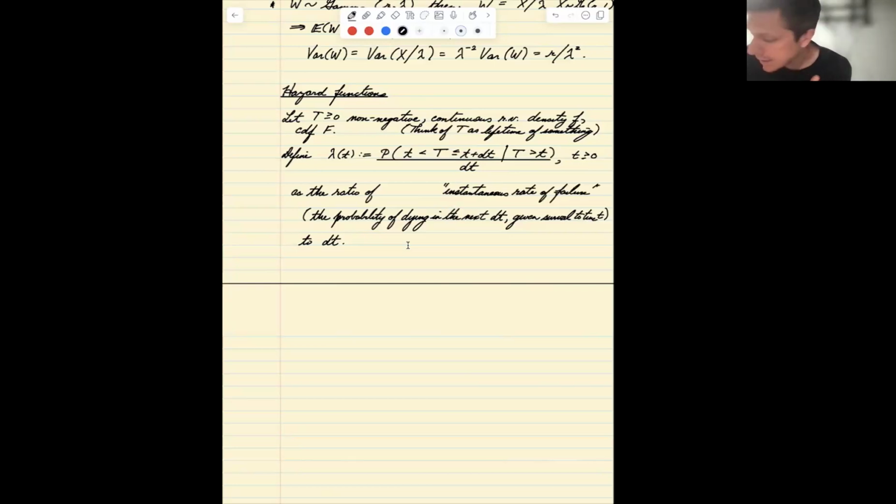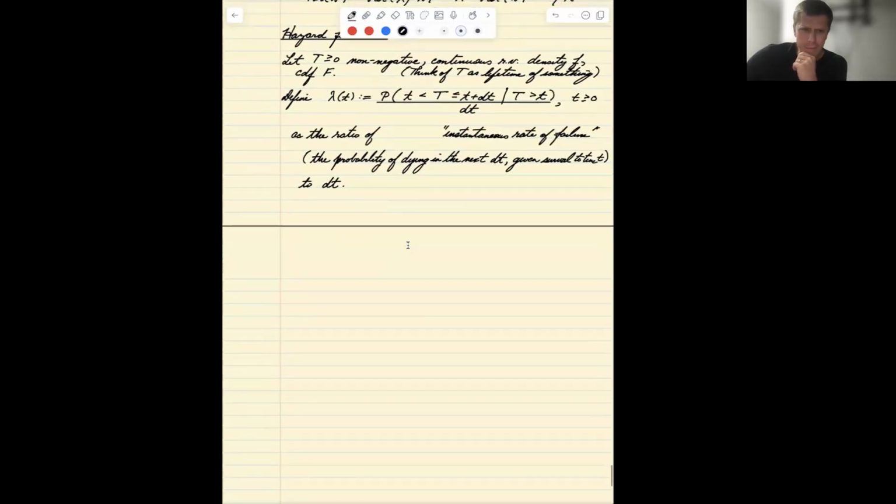So the higher this is, the more force there is, in some sense, to die. Now, lambda of t is widely used in survival analysis and actuarial science, and it's called by a few different names: the death rate, failure rate, or hazard rate at time t.